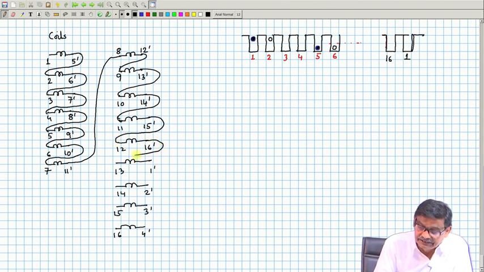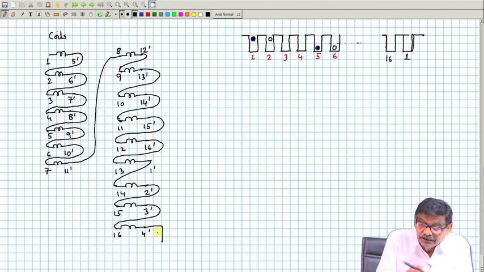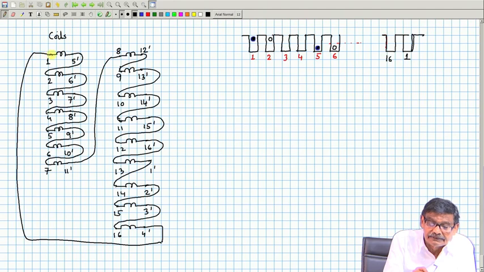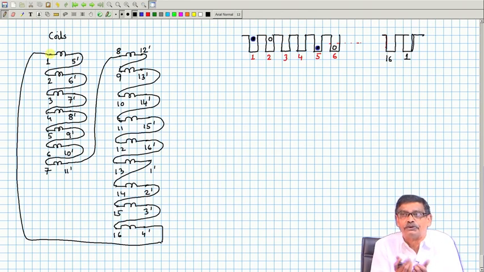Got the point. This connection I now do, because each coil has got two terminals available to me, and I will connect them in series. And not only in series, I will close it like this. That is, all the coils in series and the coils are closed onto itself.